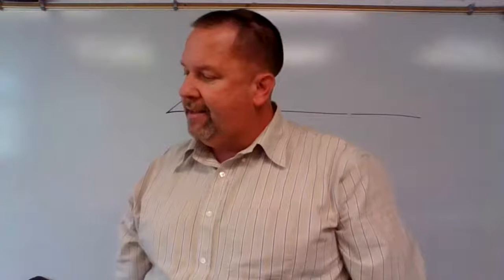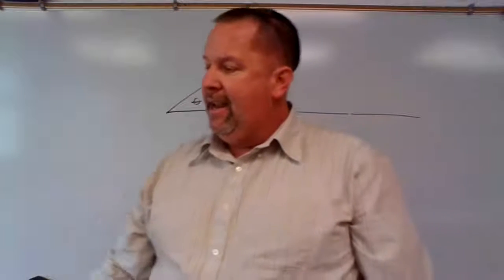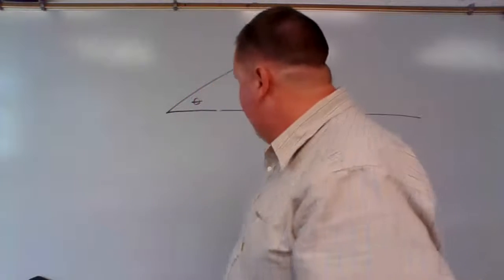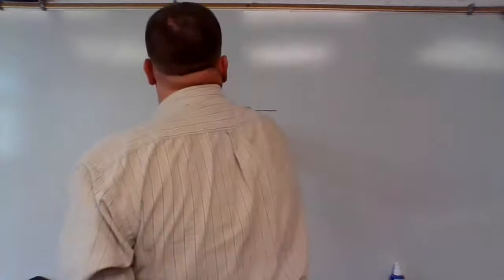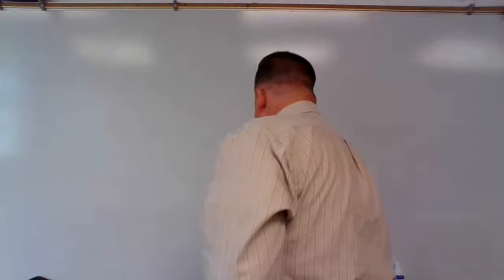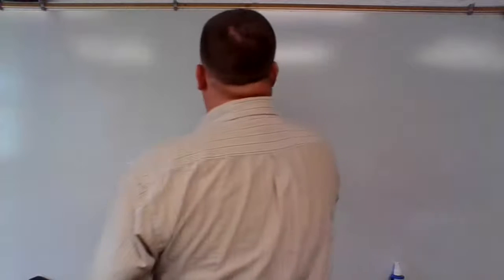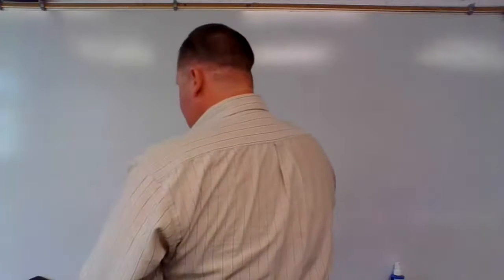Let's say that we want to solve triangle ABC, and here's the information that they give us. Right, they tell us that angle A is 75 degrees.